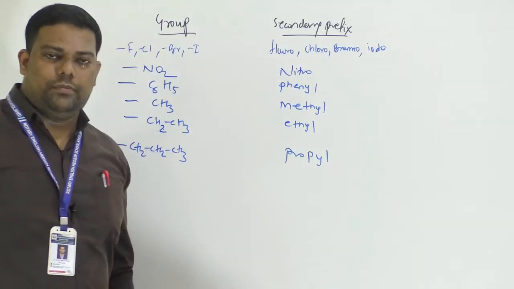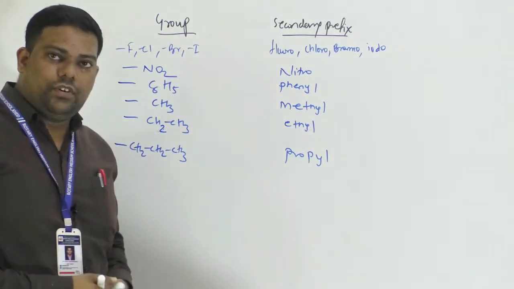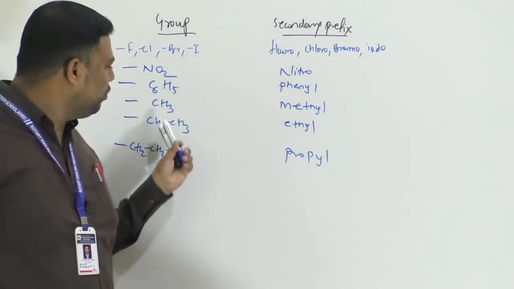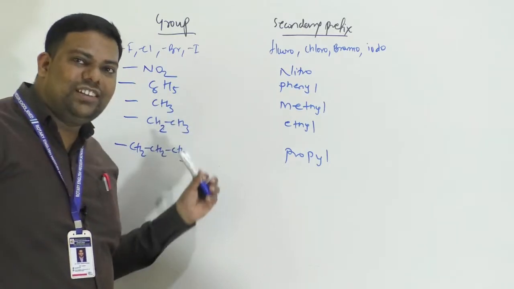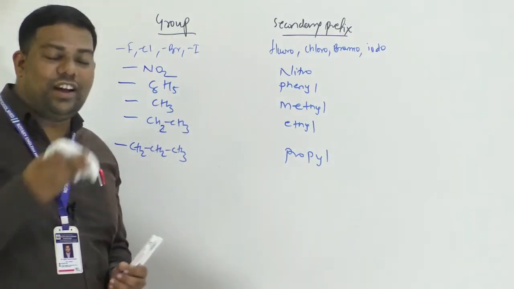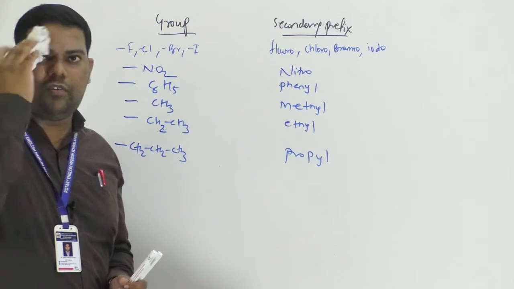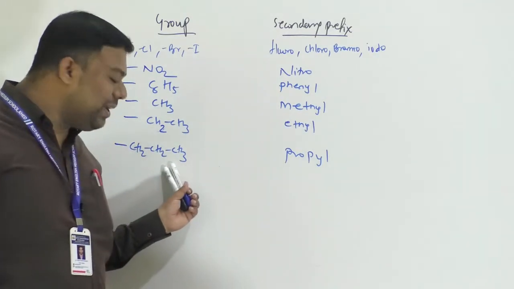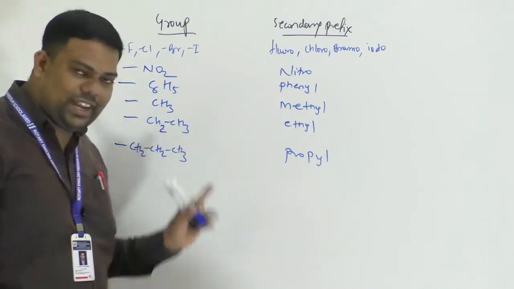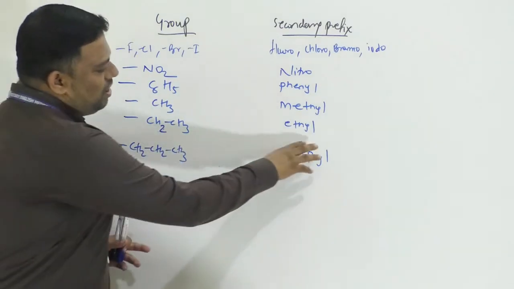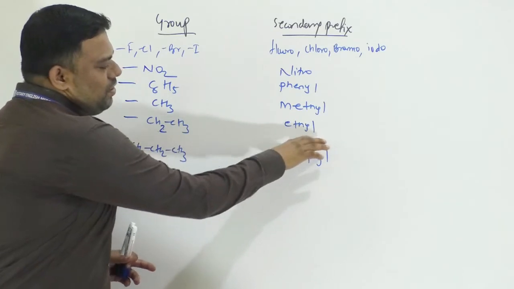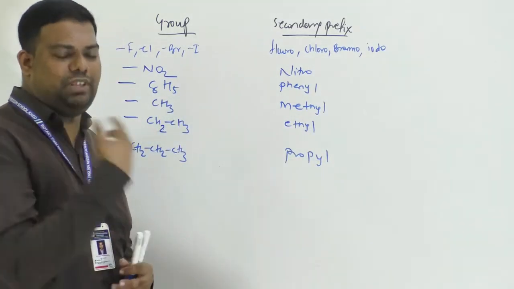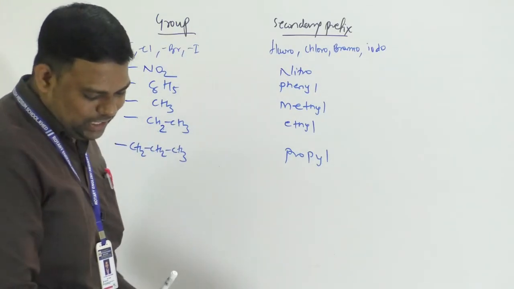Understood? When one of the hydrogens is replaced by an alkyl group, it is written as capital R only. We discuss this in derivatives of hydrocarbons. One hydrogen is replaced, so ethane is converted into ethyl, methane is converted into methyl.